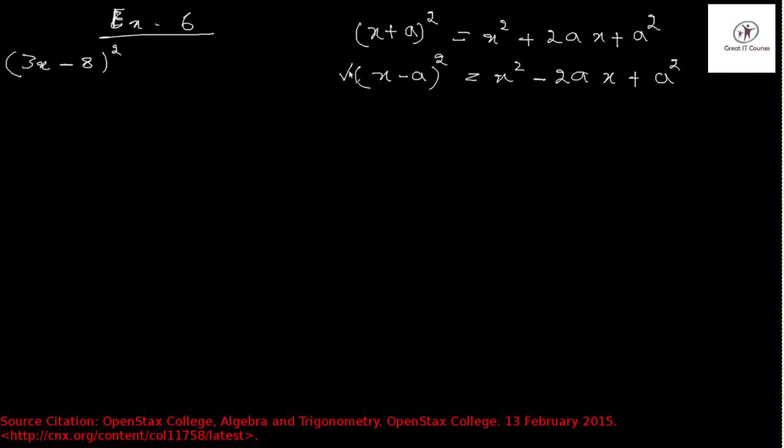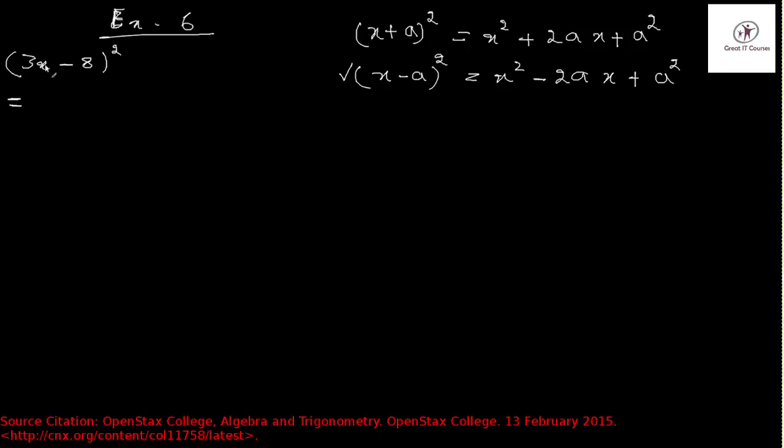So x minus a whole squared. Now I need to take this whole term 3x as x, and I need to take this as a, and then you just put everything in this frame that you see over here, and you can expand this.